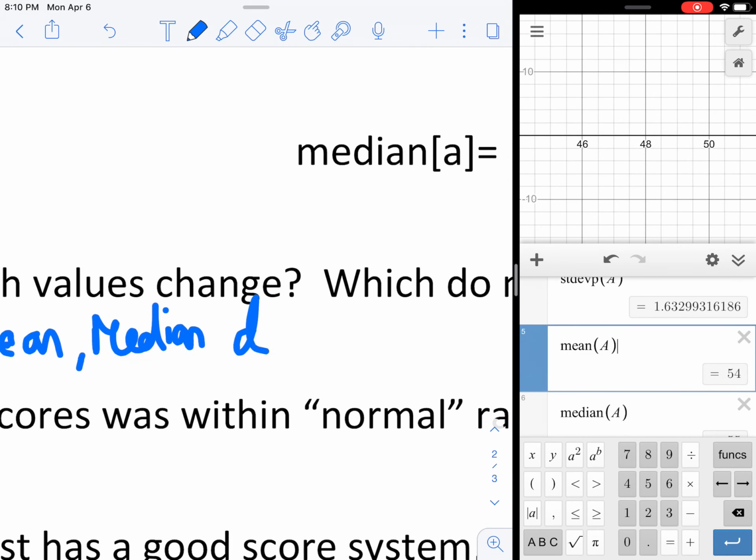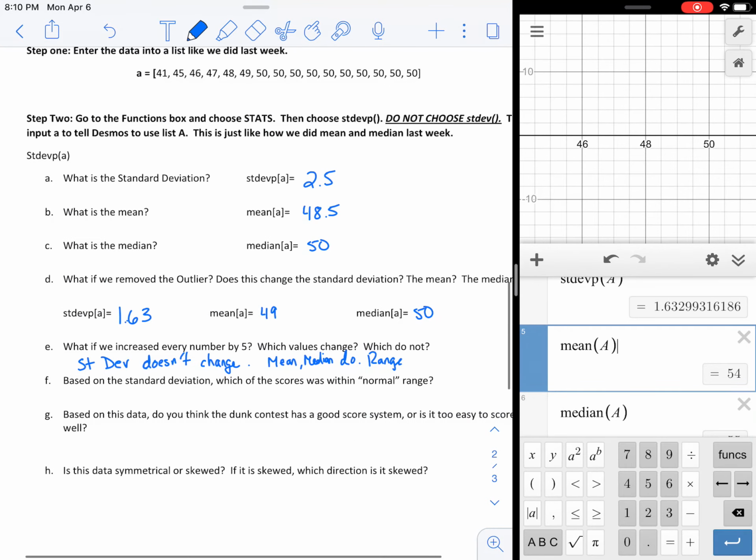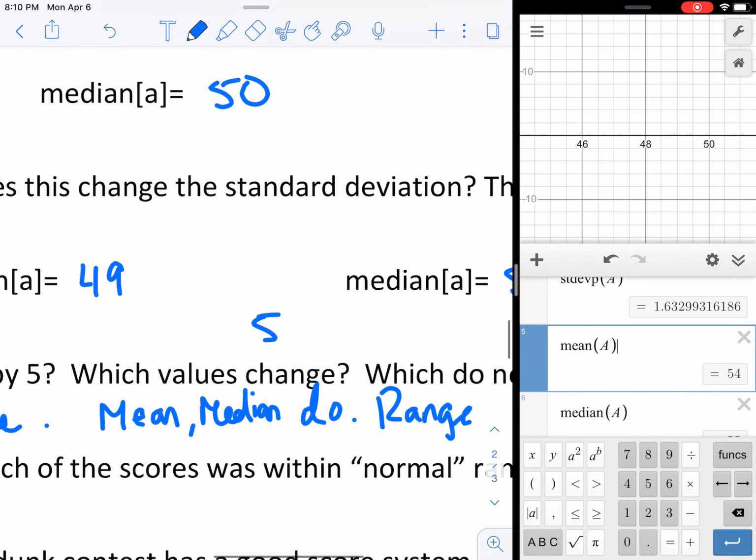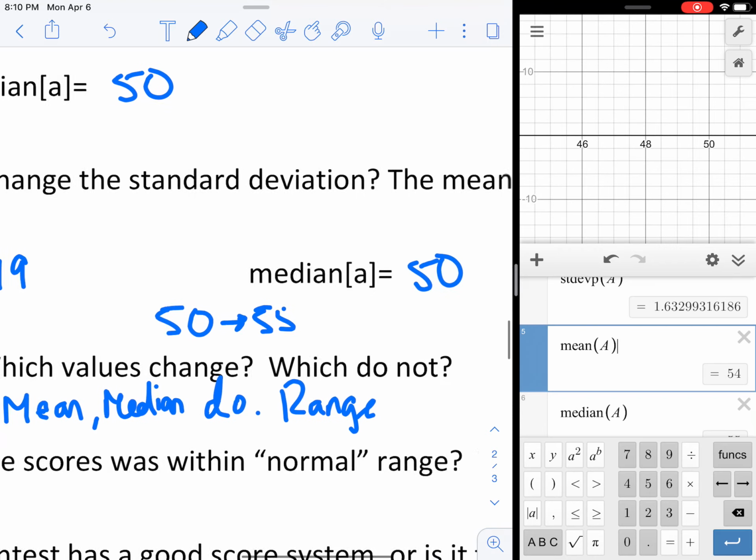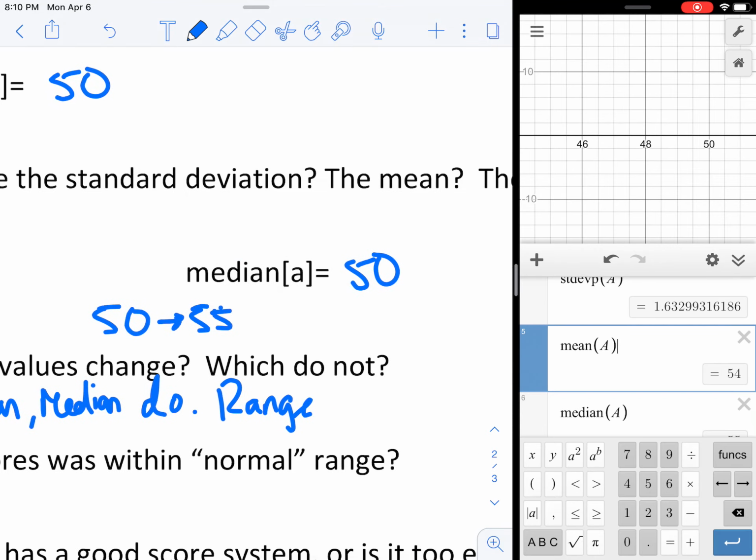Okay? What about range? Think about the range. So if I increased all the numbers, the maximum went from 50 to 55 for the new one, right? And the minimum, without the outlier, of course, went from 45 to 50. Okay, so originally it was a change of 5, right? It's still a change of 5. So the range also does not change.